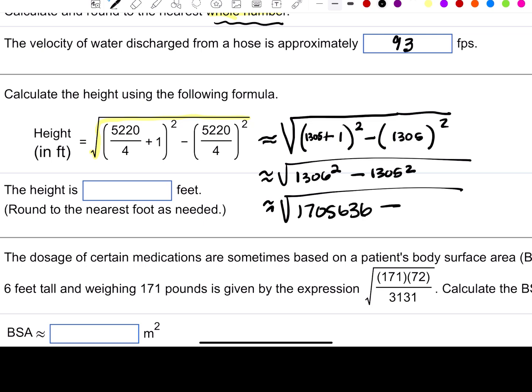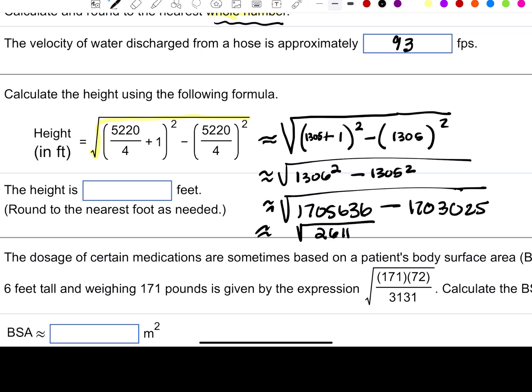1705636 minus 1305 squared, 1703025. So I got to subtract those. So 1705636 minus 1703025 is the square root of 2611.